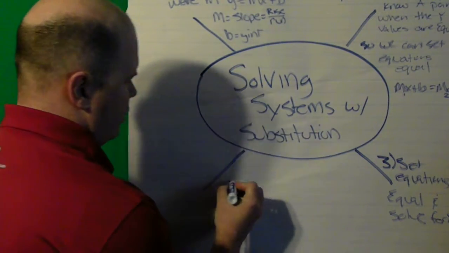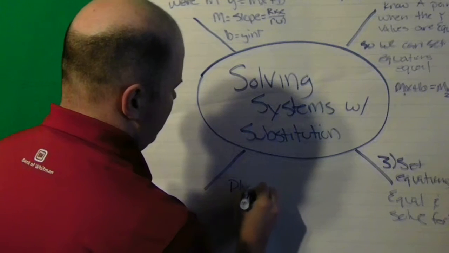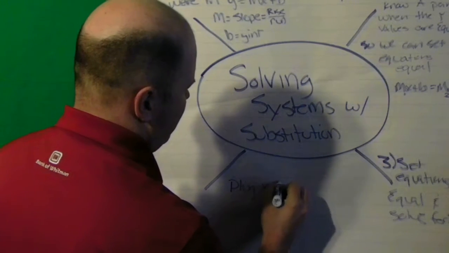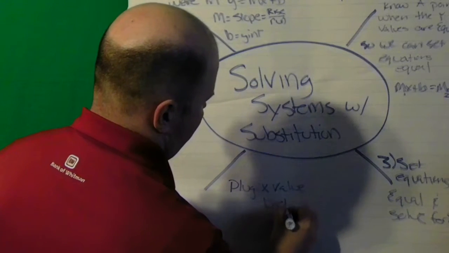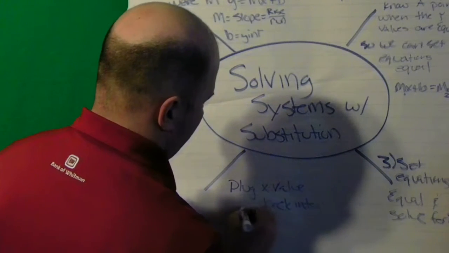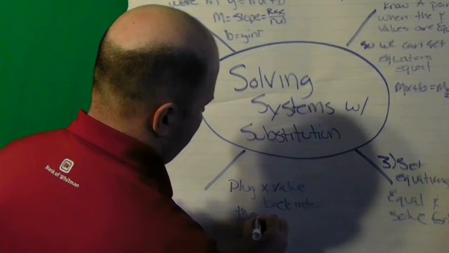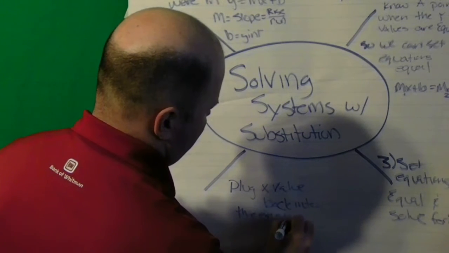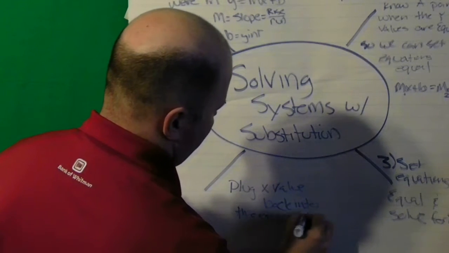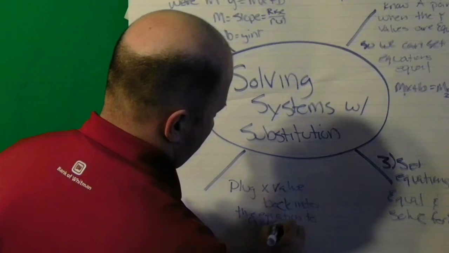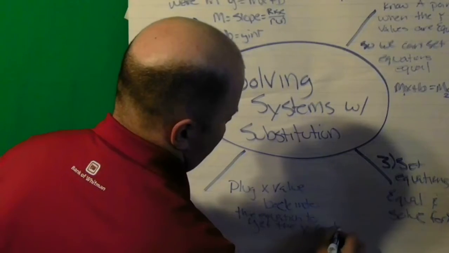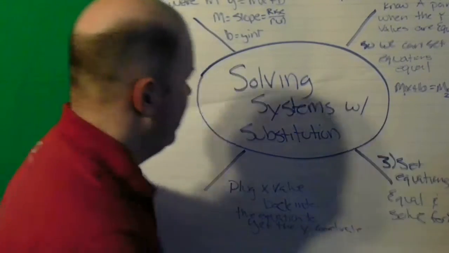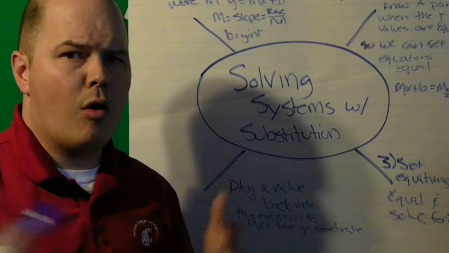So the last thing we had to do was just plug the x value back into the equation to get the y coordinate. Okay, and that's basically all we covered yesterday.